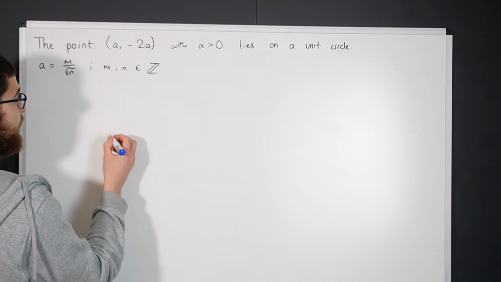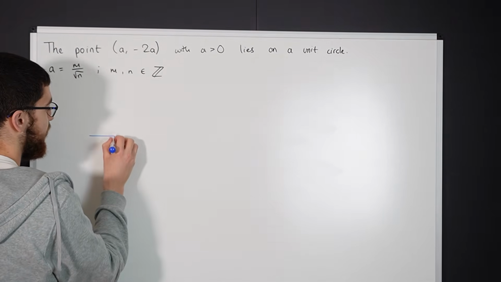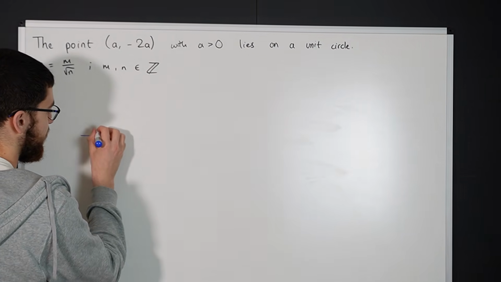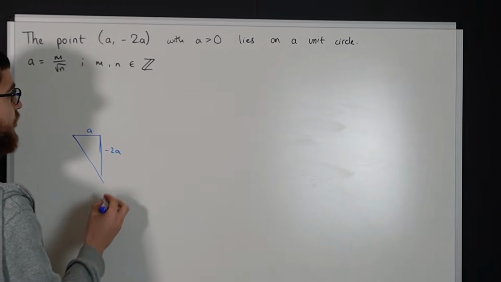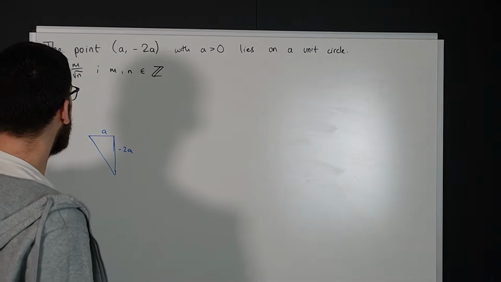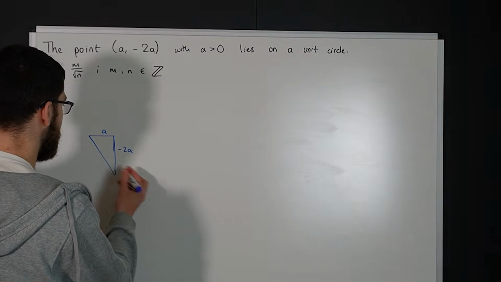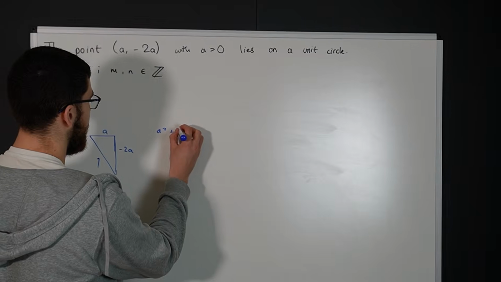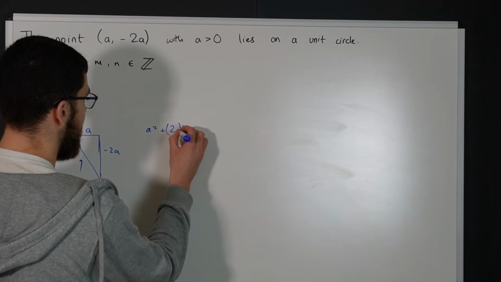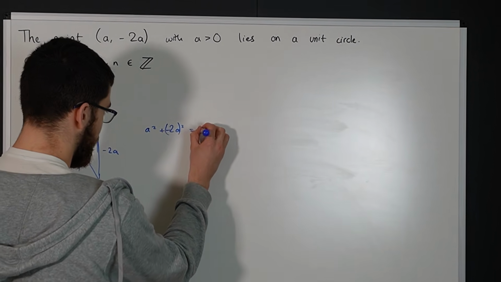We've just got a unit circle, A minus 2A, so it's going to be like this. A minus 2A is on the unit circle, and we just need to find m over root n. It's a unit circle, so the radius is 1. So A squared plus 2A squared, just using Pythagoras' theorem, equals 1 squared.